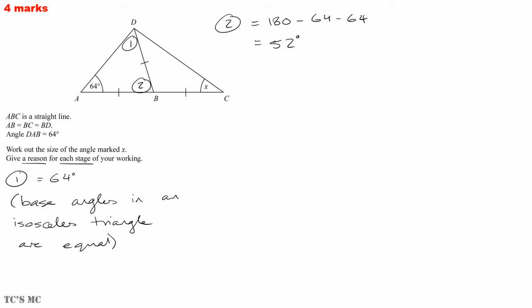I get 52 degrees, and now I need to write my reason. So angles in a triangle add up to 180 degrees. I also have 1 mark so far. Now I'm going to label this angle as angle 3.